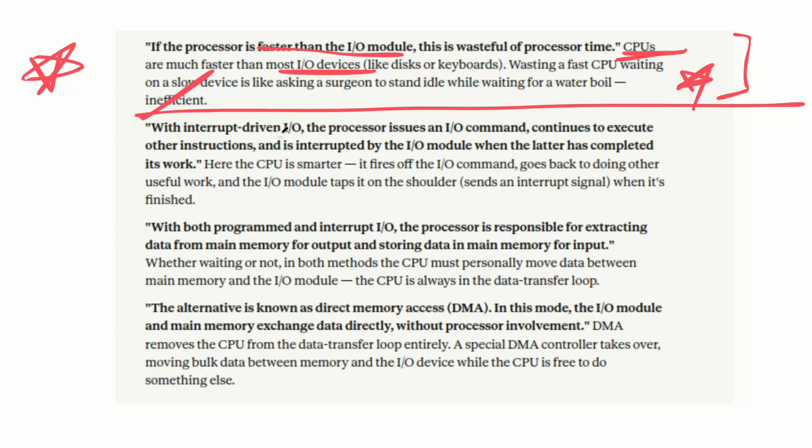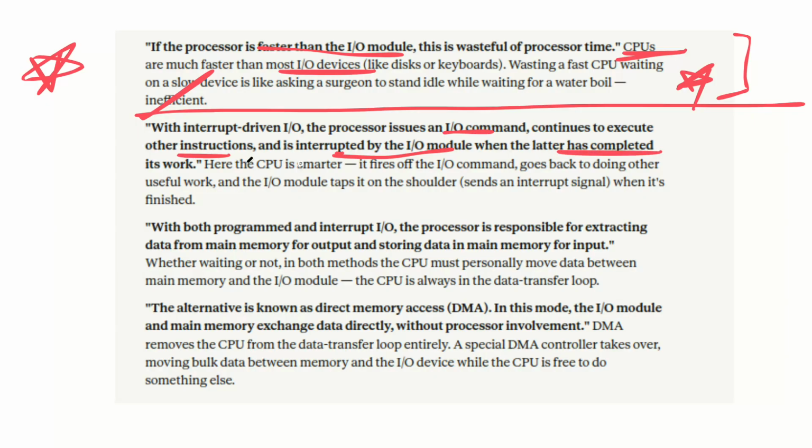That problem is resolved in interrupt-driven IO. In interrupt-driven IO, the processor issues an IO command and continues to execute other instructions. When the IO operation is finished, the CPU is interrupted by the IO module.